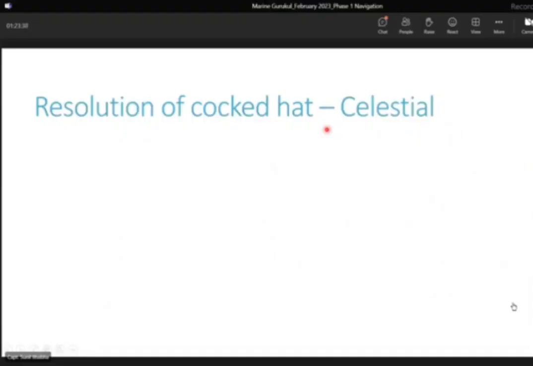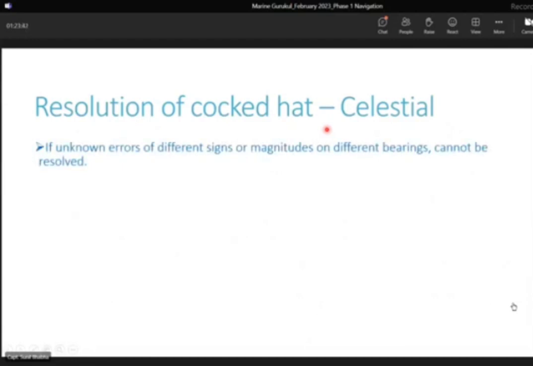This triangle is known as a celestial cocked hat. Now, when we are resolving a celestial cocked hat, the first important point to be clear in our mind is that in case the error in the three position lines is different, then it cannot be resolved.